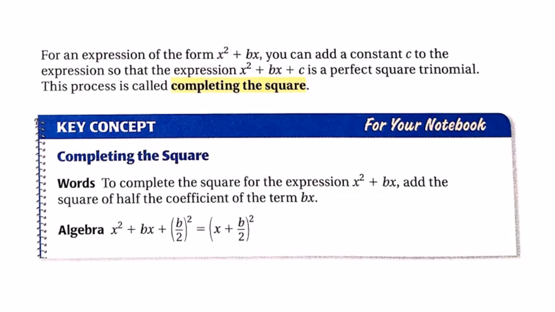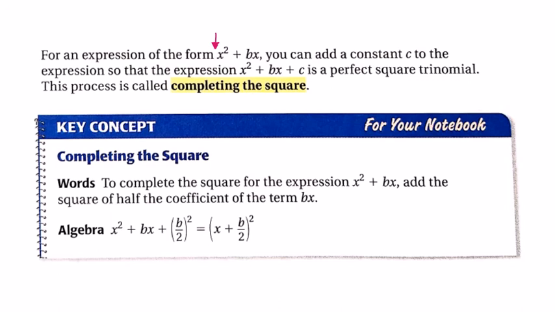So, completing the square. For an expression in the form x squared plus bx, which means we're looking for expressions with the leading coefficient of 1, you can add a constant, c.